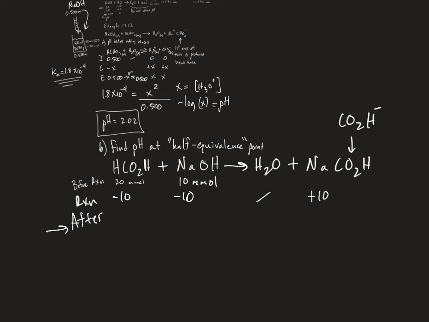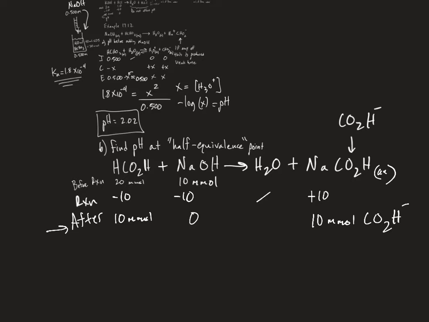What is left over after this reaction? Well, we have 10 millimoles of the weak acid left over. All the sodium hydroxide is gone, and then we'll have 10 millimoles of basically CHO2 minus. Sodium plus doesn't really do anything. It's just dissolved, aqueous in solution.